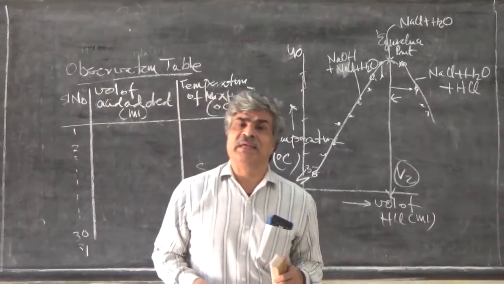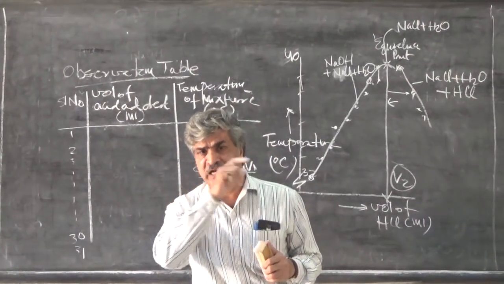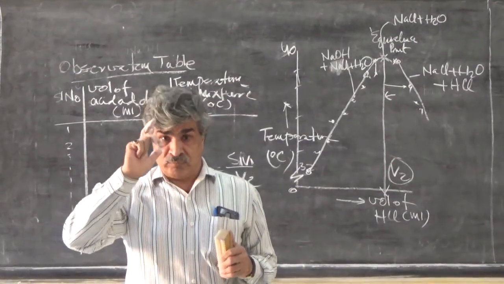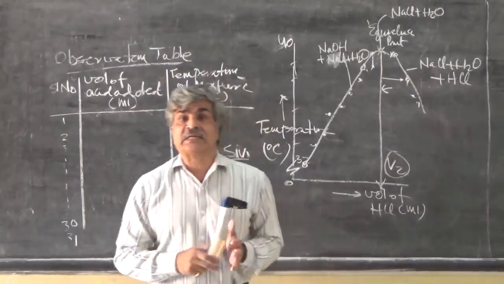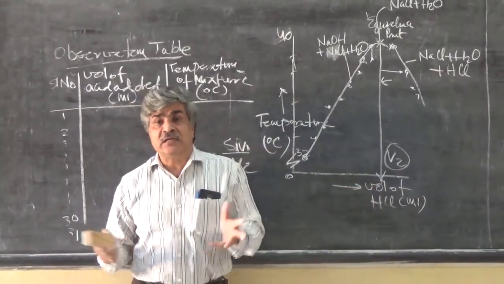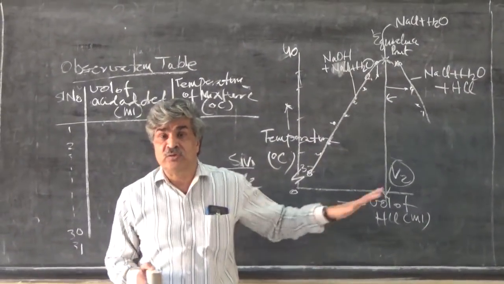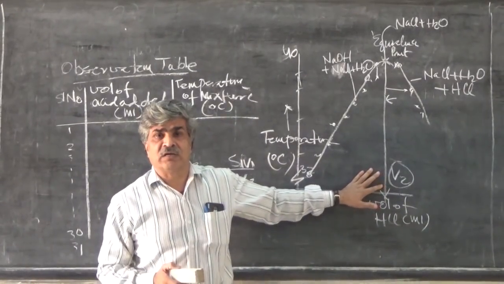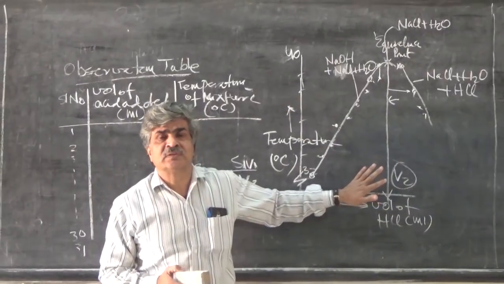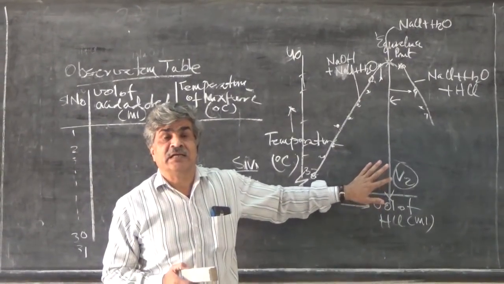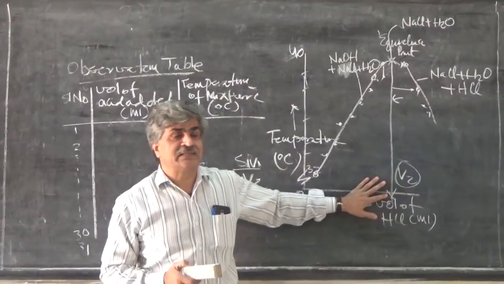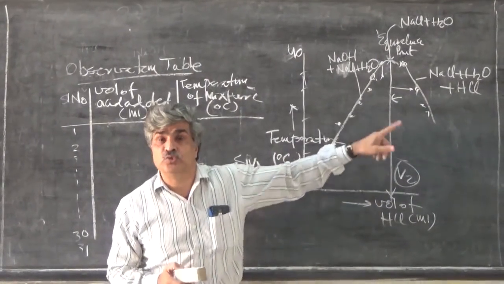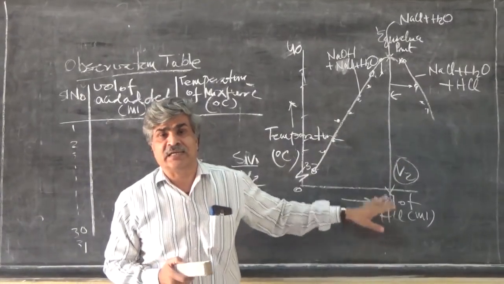Whereas in the equivalence point method, we are adding the reactant, in this case hydrochloric acid, in 5 milliliter batches. So we do not have that control. So the endpoint method is more accurate. But in this particular case, we cannot replace this thermometric titration with the usual endpoint method titration.